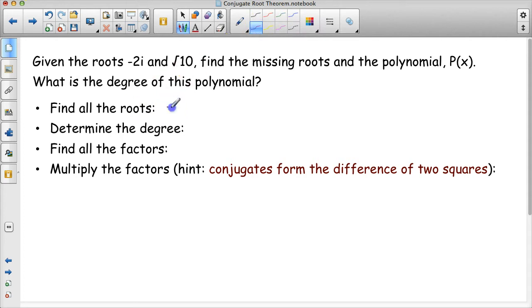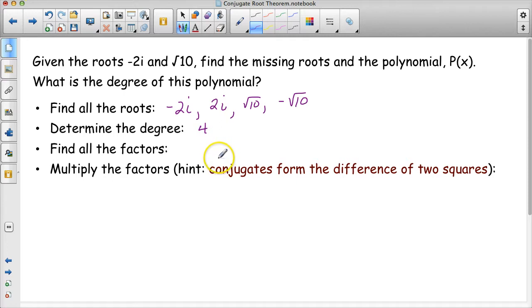So that means if negative 2i is a root of our polynomial, then 2i is also a root of the polynomial. And if the square root of 10 is a root of our polynomial, then negative square root of 10 is also a root. That means if I have 4 roots, then my polynomial has to have a degree of 4.